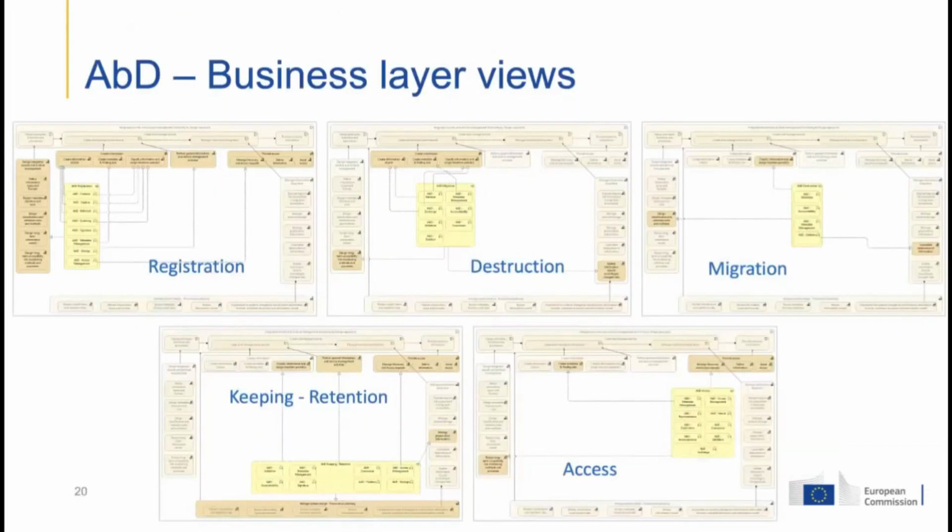So these views can give you a picture of what the reference architecture has to do for each of these function groups. That means what the strategy layer elements are at least, and what the connection is to the whole information life cycle.